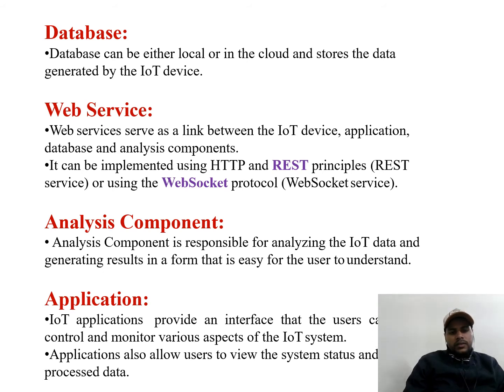Next component is our application. IoT application provides a GUI, a user interface, through which the user can control and monitor various aspects and parameters of the IoT system. Applications also allow the users to view the system status and see the status of processed data.